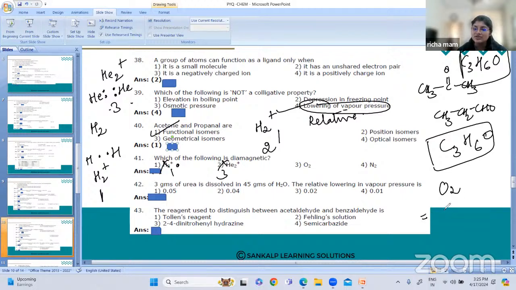Then if I take O2, each oxygen has 8 electrons: 1s2, 2s2, 2p4.